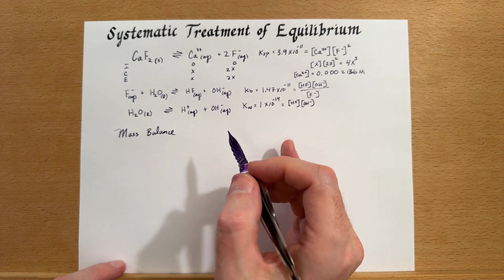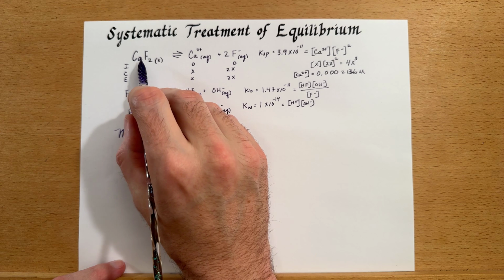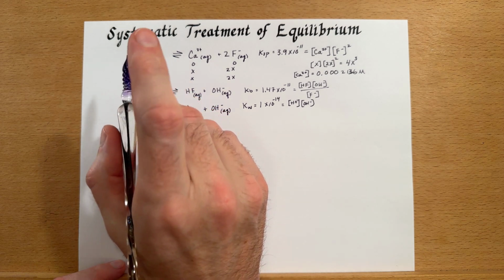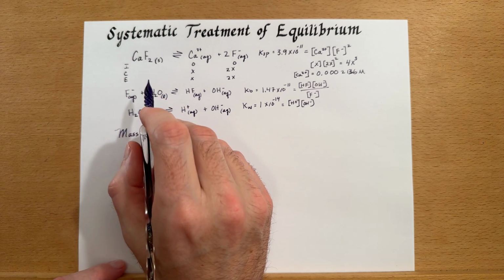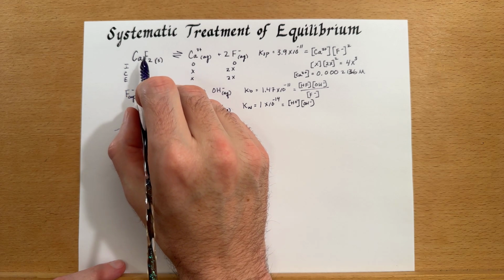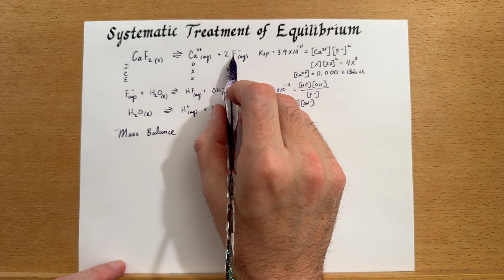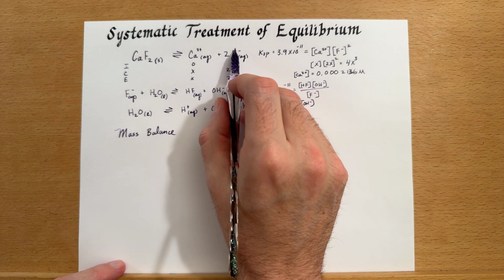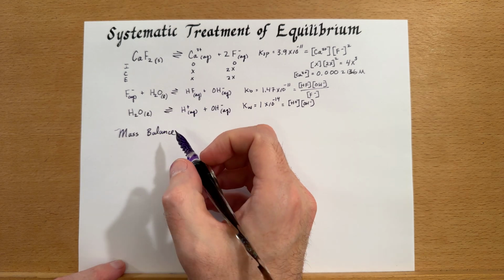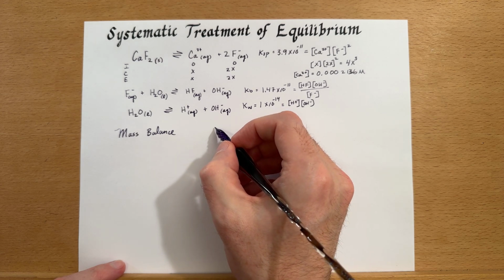So for the mass balance equation, we're going to take advantage of the fact that the calcium and the fluoride have a relationship, a numerical relationship, because they started out connected to each other. Every calcium has 2 fluorines. Now those fluorines can become either fluoride, F negative, or it can become HF. So here's how this is going to work. We have a relationship between those.